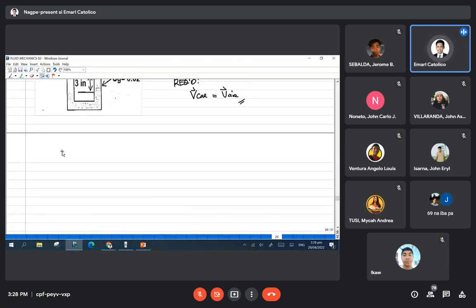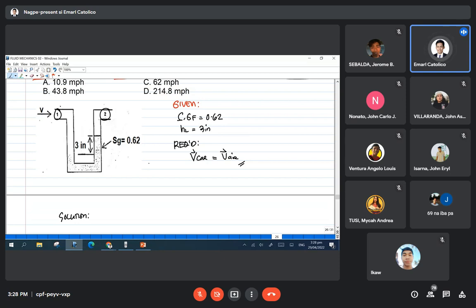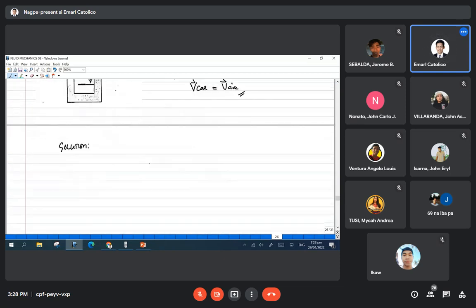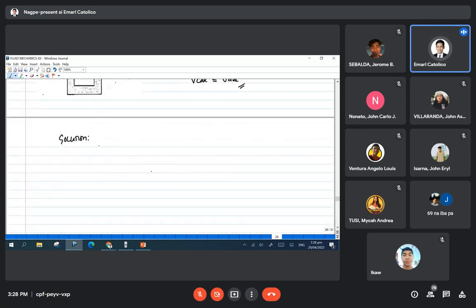Okay, so solution. So para ma-solve natin si velocity ng air, i-write natin siya in terms of dun sa Bernoulli's equation. Okay? Velocity ng air squared over 2g is equals to elevation head ng ating air.